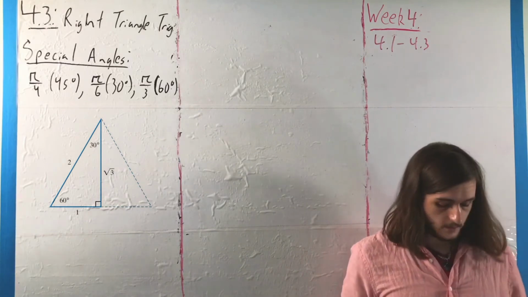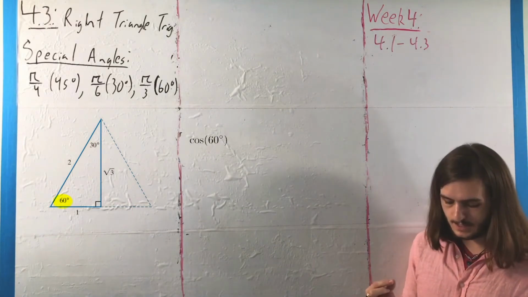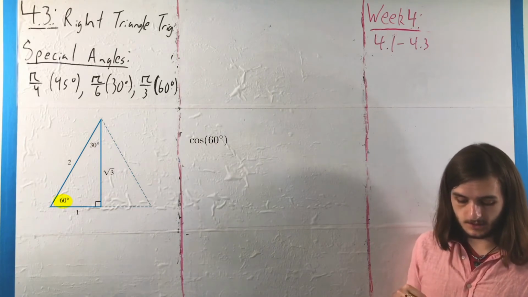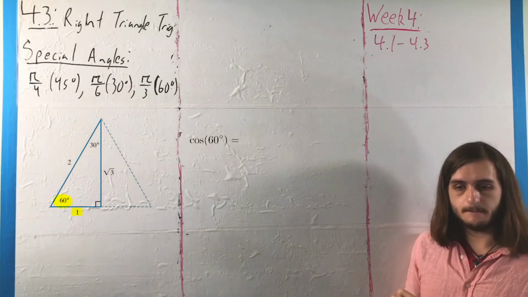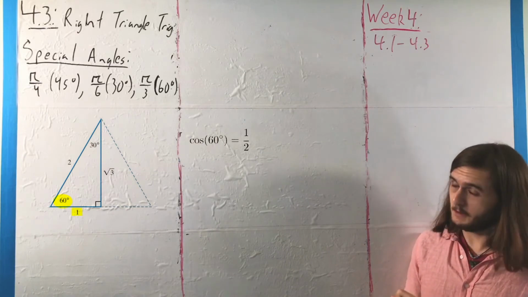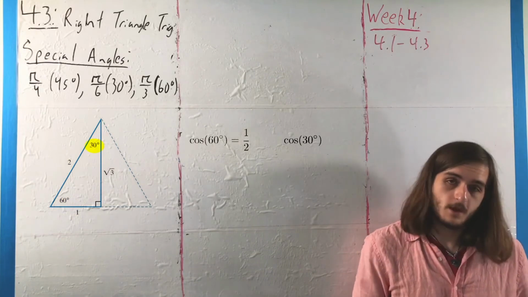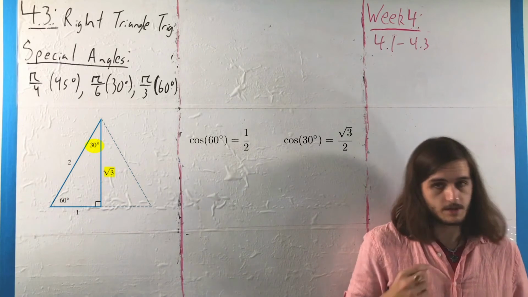But anyway, if we want to look at cosine of 60, we're going to be taking the side length adjacent to 60 degrees, which would be 1, and dividing it by the length of the hypotenuse, 2. Similarly, for cosine of 30, we would have the adjacent side there as root 3 over the hypotenuse of 2.